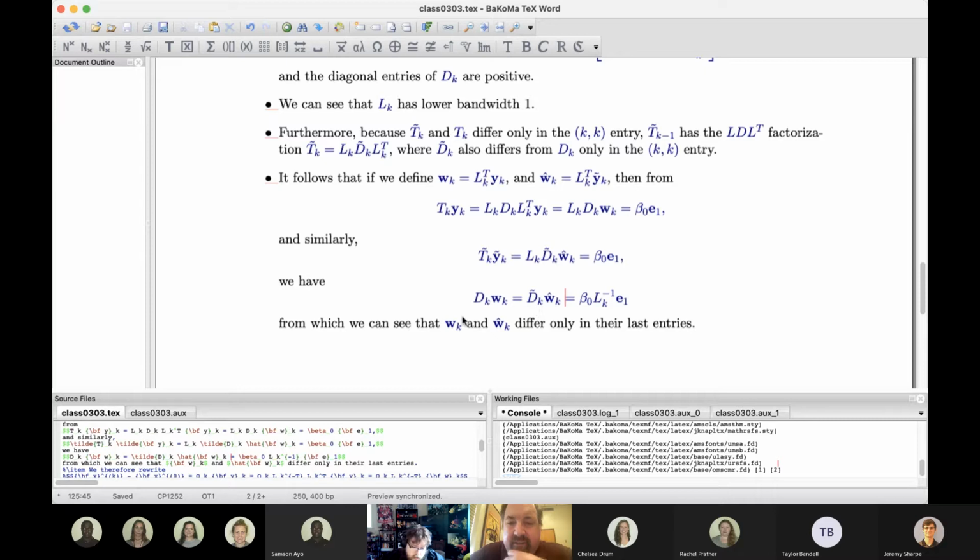So what that means is WK and WK hat are exactly the same, except for the last entries. And if you were to write out the system of equations, keep in mind dk and dk tilde are diagonal, and they're set equal to the same right-hand side vector, how do we get wk or wk hat? All we do is we divide by the diagonal entries. That's why you can see that all of these entries of w hat are the same, except for the last ones.